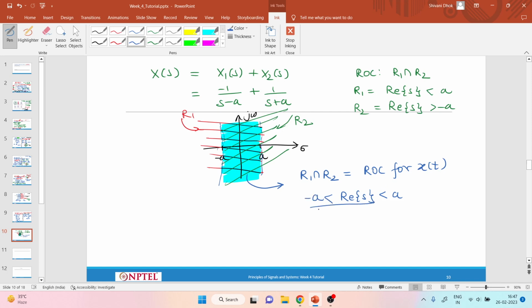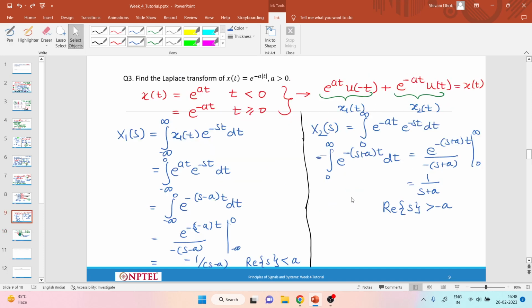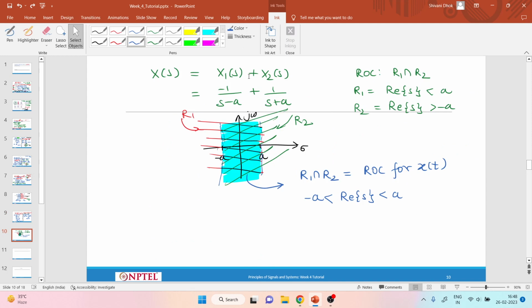So this is the region of convergence for the case when my signal is something like this. So we can observe that for a double-sided signal I am having an ROC which is in the form of a vertical strip.